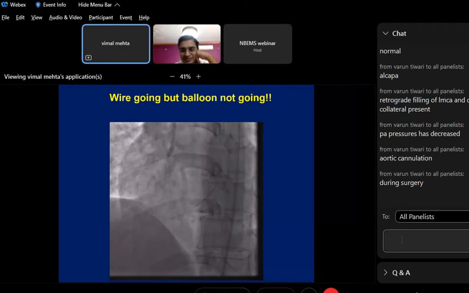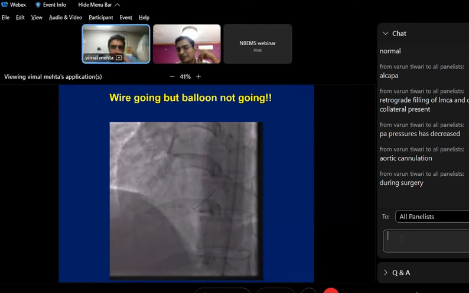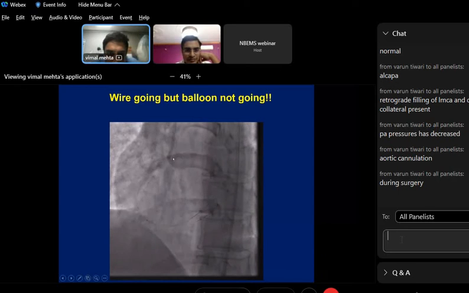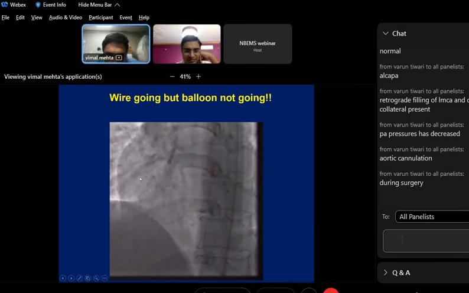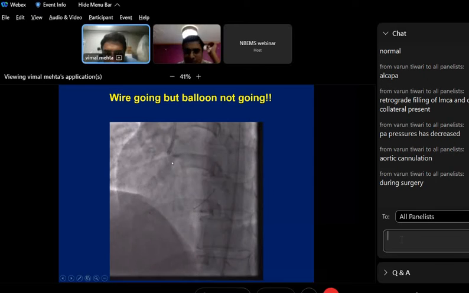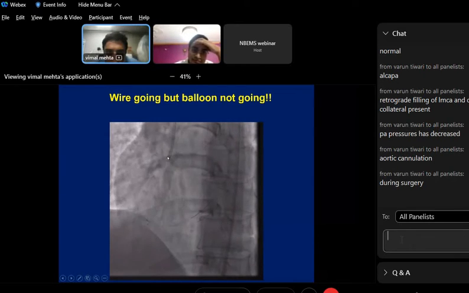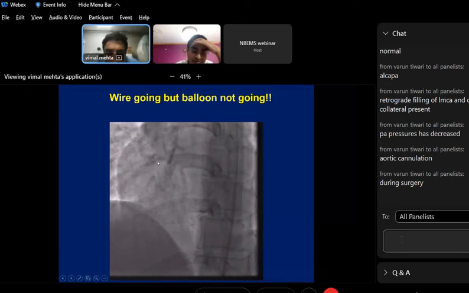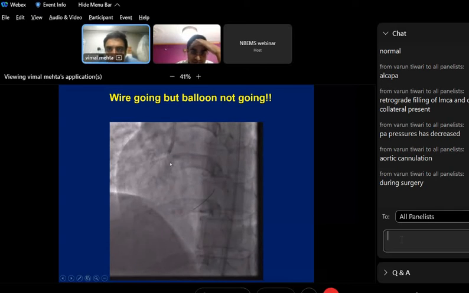That is a hole which is not the end hole, but just near the end hole, so that perfusion is maintained. So here, what you see is that the wire is coming not from the end hole, but from the side hole, which is much smaller in diameter compared to the end hole. That is why you need to take out this wire and reinsert the wire through the end hole. So this is important.